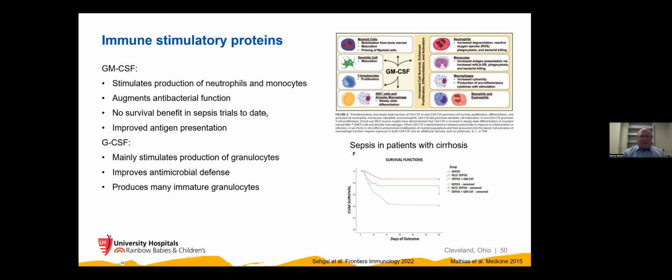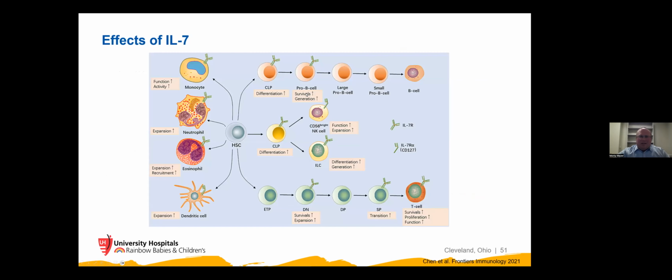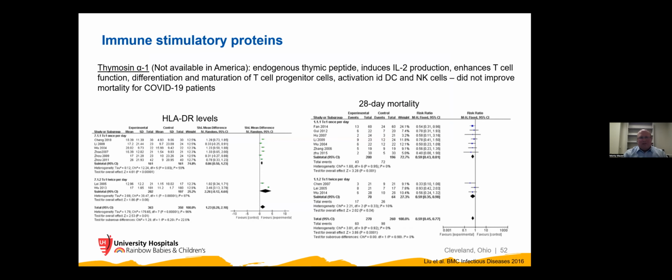There's not a lot of great data that shows that any of these work well in large populations, but in the right patients, who are neutropenic or have low monocyte counts or are lymphopenic, perhaps some of these can work really well. There are definitely ongoing studies looking at IL-7, GM-CSF, and sepsis. The key is to figure out which patients do best with one and which patients might do better with another to re-stimulate the immune system.